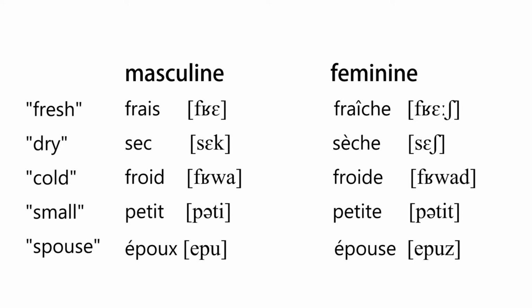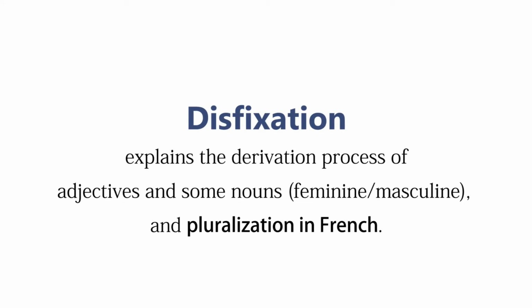But if you want to theorize that you have to add a consonant, then you have to memorize different consonants. But if you take the feminine as the main form, you just drop the last consonant no matter what it is. And the good thing about this approach is you could also say, oh, disfixation also explains some pluralization in French.